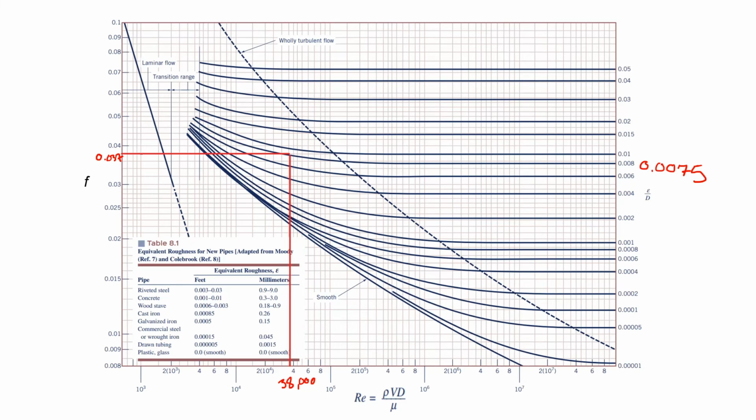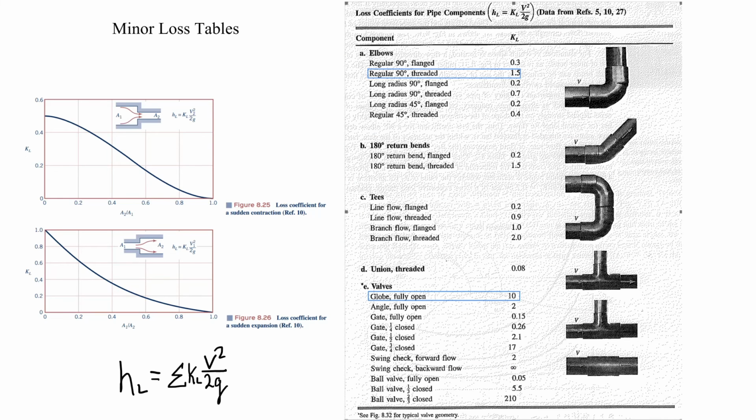And we go over and get about 0.037 as our friction coefficient. Okay, and we're also going to grab our coefficients for the turns in the pipe, which are these regular 90 degree threaded. We have 1.5 for both of them, and then the globe fully open is going to be a whole 10.